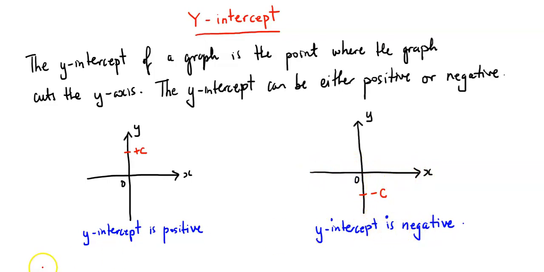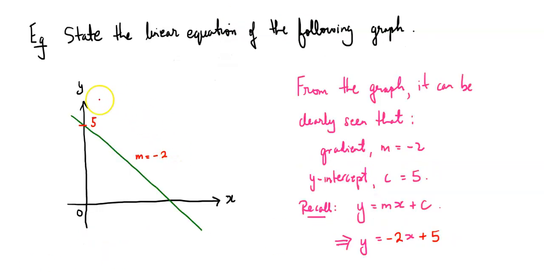If the y-intercept is below the x-axis, this is our x-axis here, then it will be negative. So here we are required to find the equation of a line based on the characteristics given. Clearly here we see that the y-intercept is above the x-axis, so it is positive. So it's going to be plus 5 here, and we are given that the gradient is negative 2. So the equation is going to be y equals mx plus c, where m is negative 2 and c is plus 5.